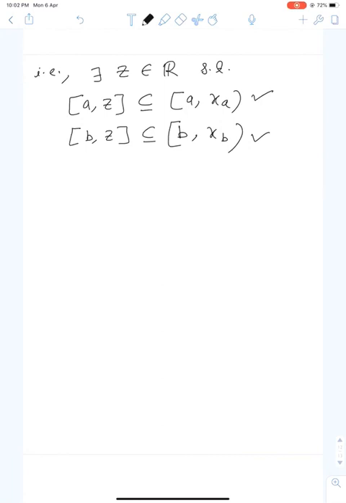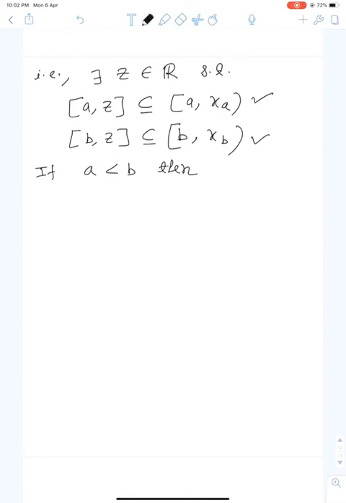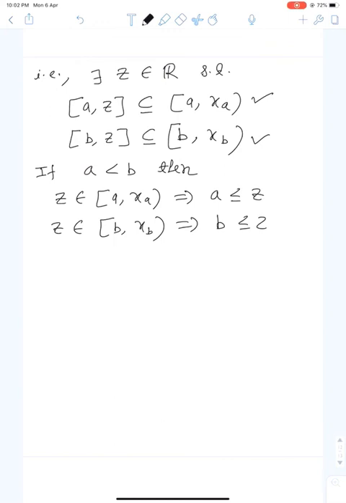Now if possible, if a is less than b, then what is my claim? z belongs to [a, x_a) implies a is less than or equal to z, and z belongs to [b, x_b) implies b is less than or equal to z, right?